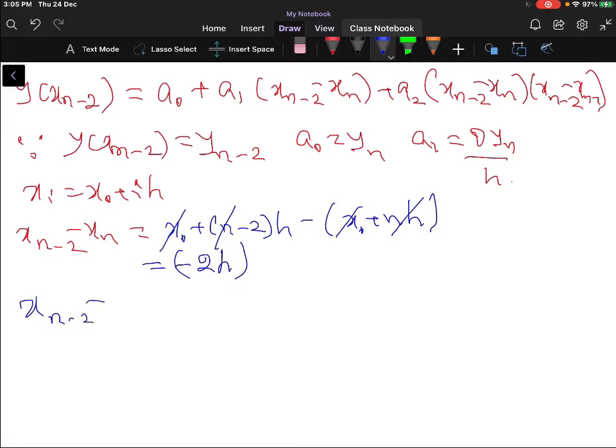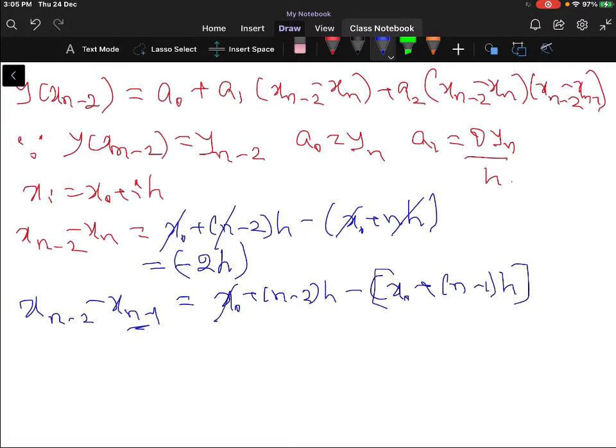Similarly, you can find xn minus 2 minus xn minus 1 also. xn minus 2 is equal to x naught plus (n minus 2) into h, minus xn minus 1, which is x naught plus (n minus 1) into h. x naught minus x naught cancels, so this is equal to nh minus 2h minus nh plus h.